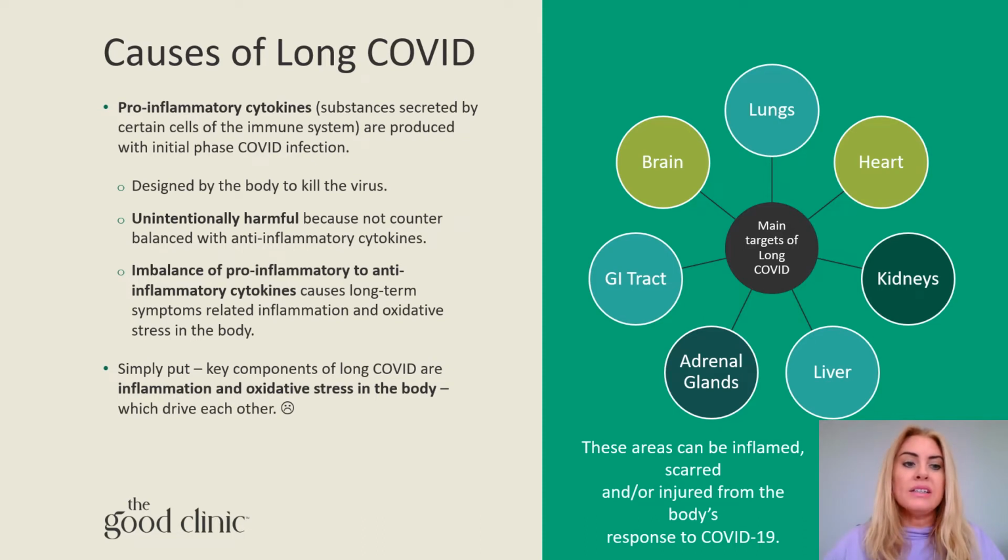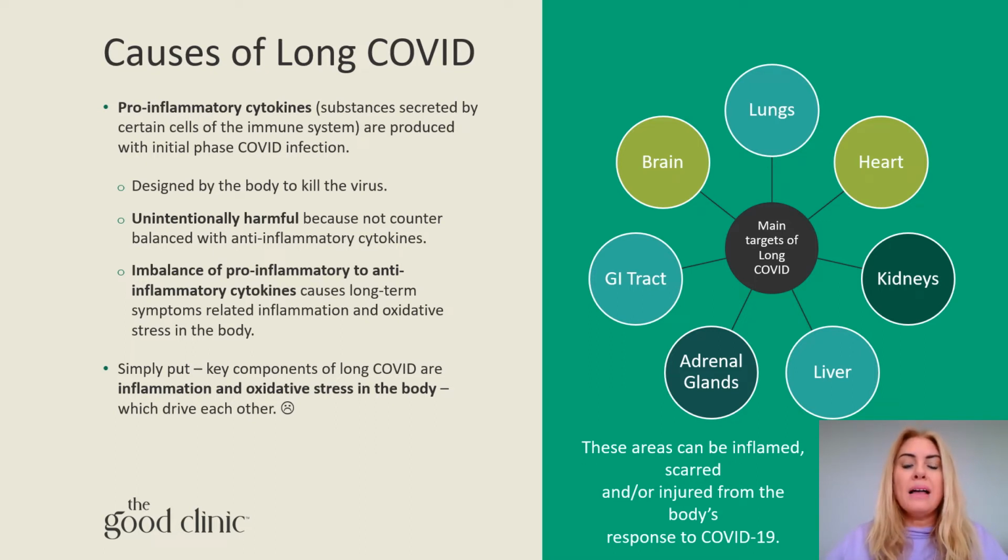However, here's the catch: they're unintentionally harmful because there is not a good counterbalance with the anti-inflammatory cytokines. So you have an over amount of these pro-inflammatory cytokines. Think of these little Pac-Man going around and making a lot of fires, and then not enough other Pac-Man going around able to neutralize the fire once the fire is taken care of and the virus is destroyed.